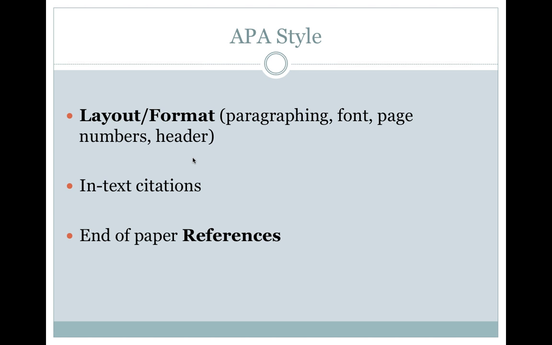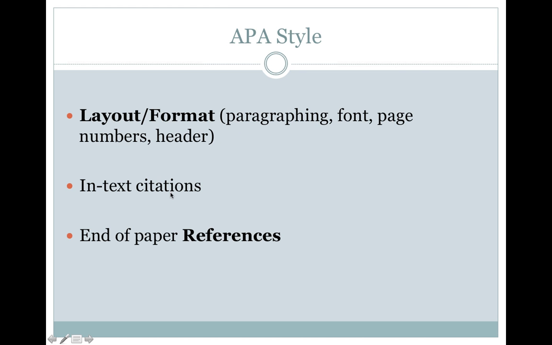Now we're going to change things up a bit, and I'm going to talk about APA style. I think I showed this slide in week 2's session, but it's worth pointing out again. When we talk about APA, we're talking about 3 things. Layout and format: how things look, like paragraphing, fonts, page numbers, header.